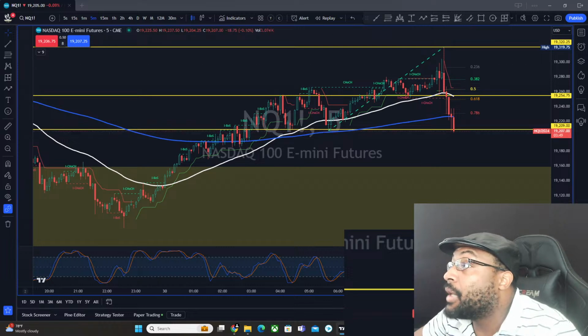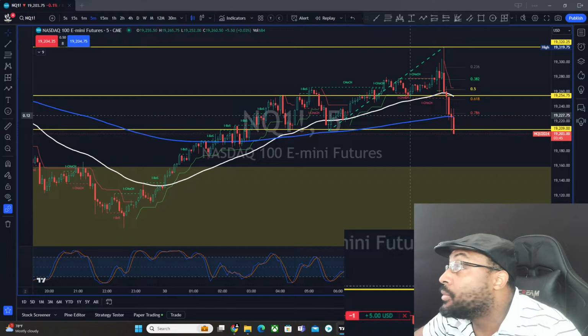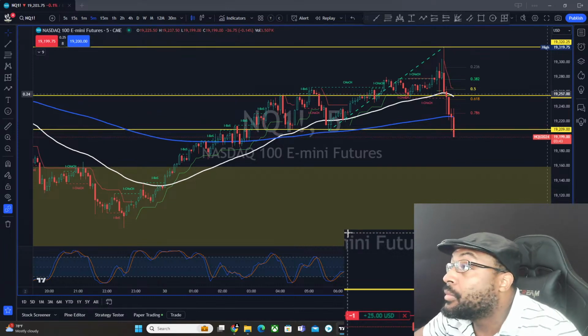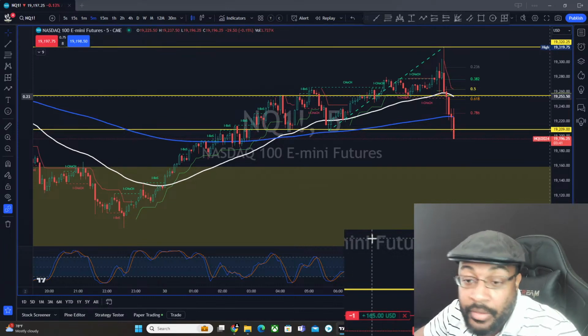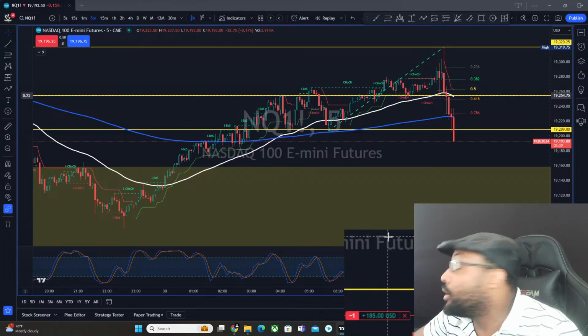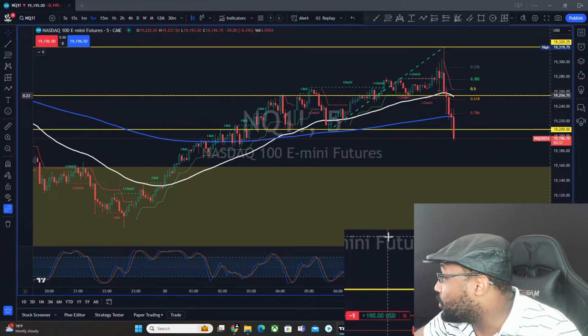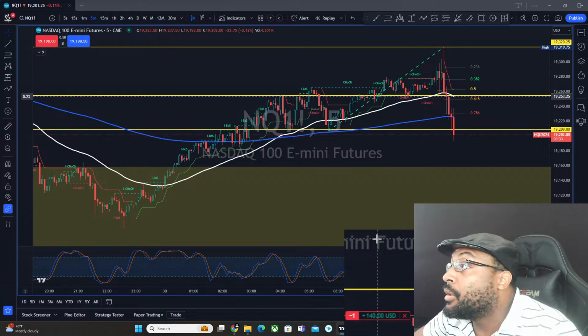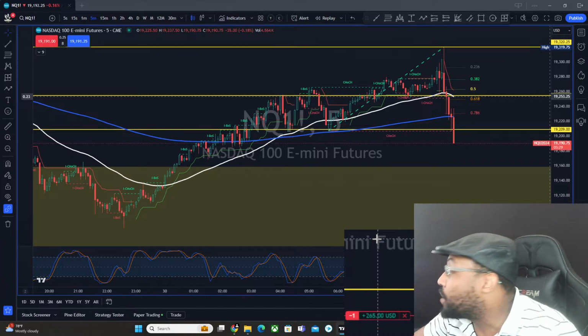There we go. That's what I'm looking for. Let's see if we get that. All right. Below the order block, I may consider adding on. This thing could retrace the whole entire thing because it's a news reaction.